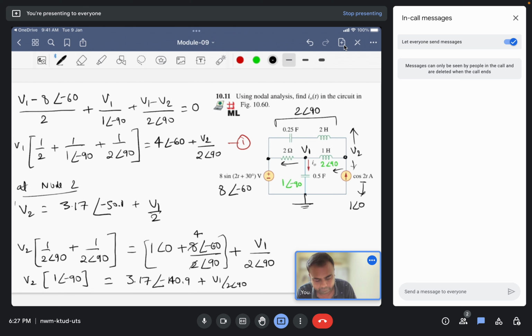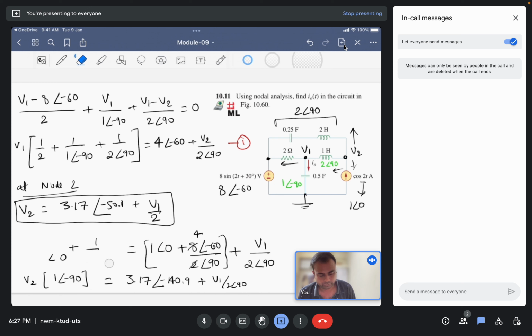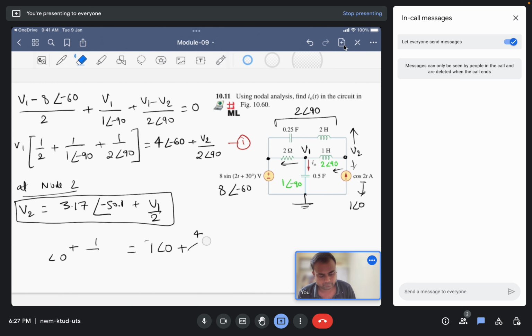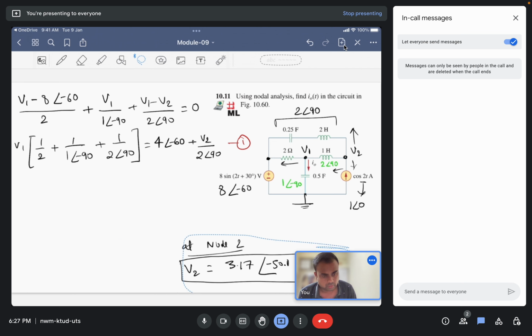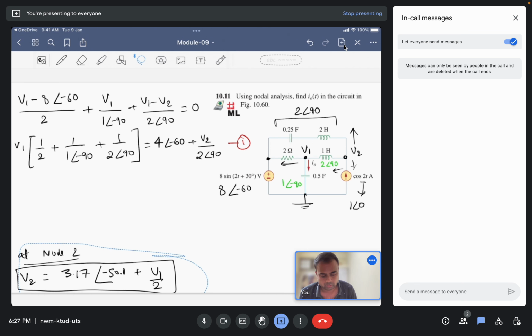So now we have the value of V2. So now we have to substitute V2 in equation number 1. So let us do that, substituting V2 in equation number 1. Before doing that, let us simplify this portion here for V1.